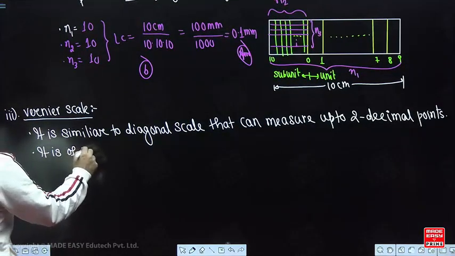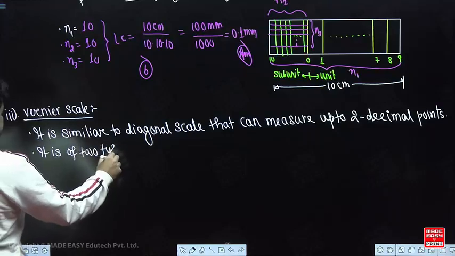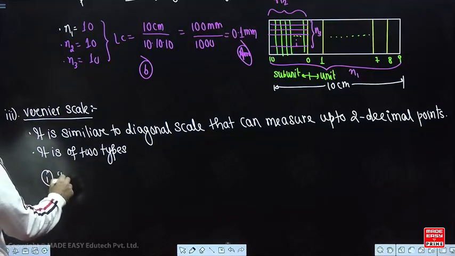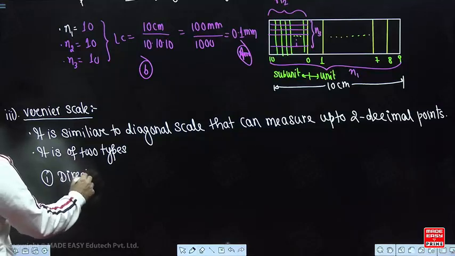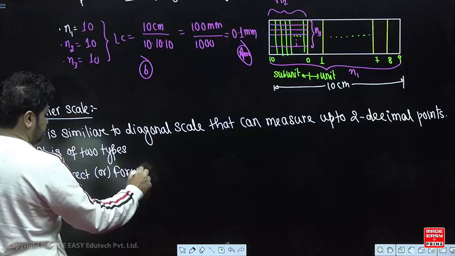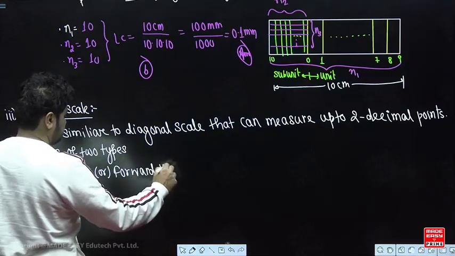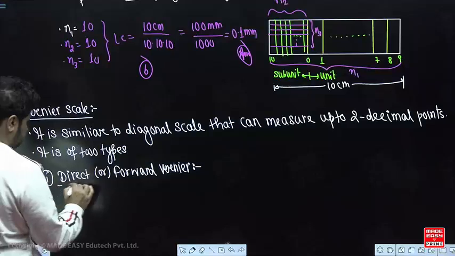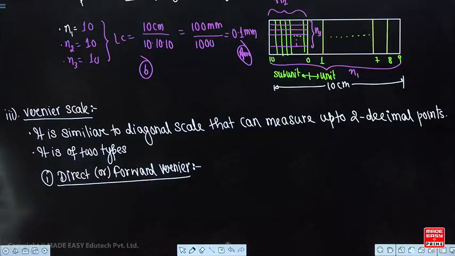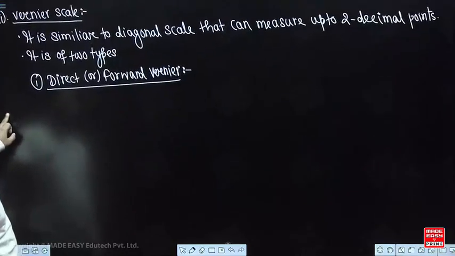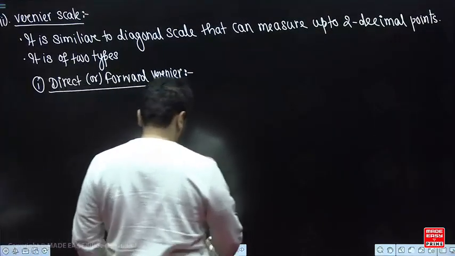It is of two types. Number one, it is called as direct or forward vernier. Correct? So direct or forward vernier.